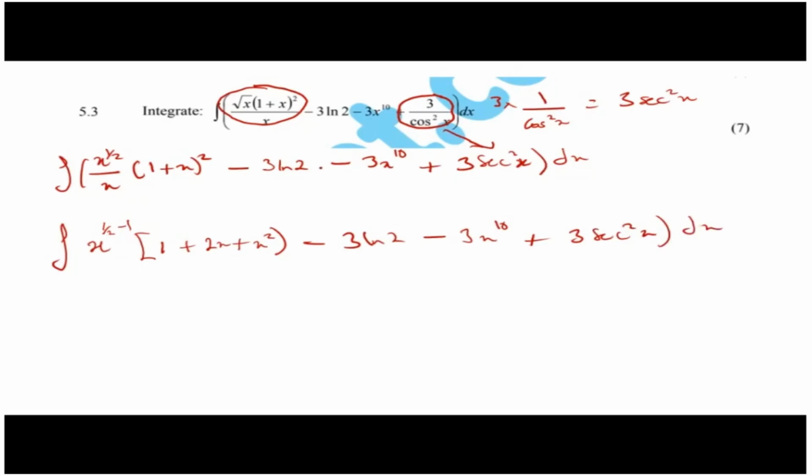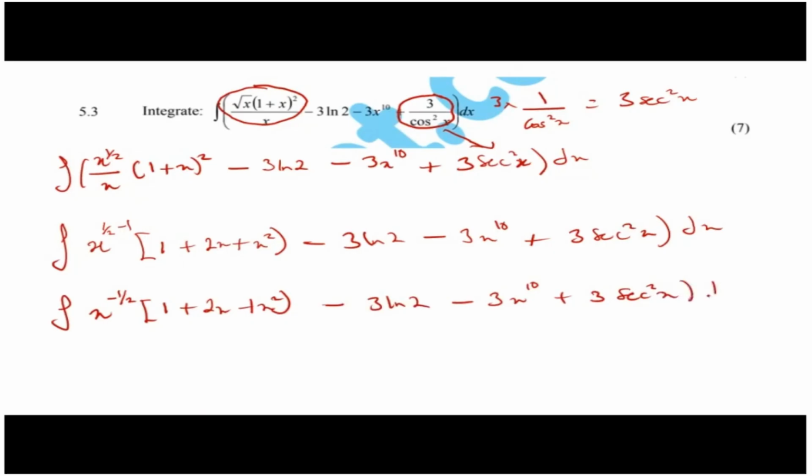So now we simplify this and use this to open the bracket. Half minus 1 is x raised to power minus half. I've not started integrating still, I'm still simplifying that one. Plus 3 sec squared x dx.